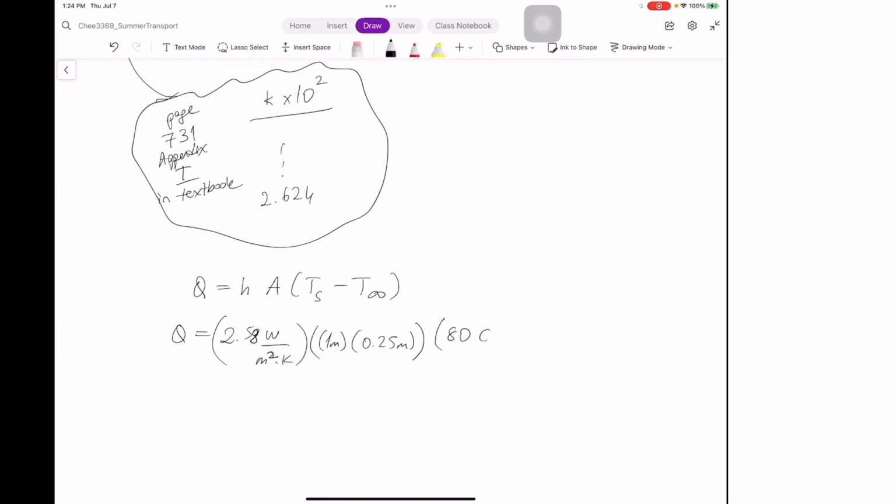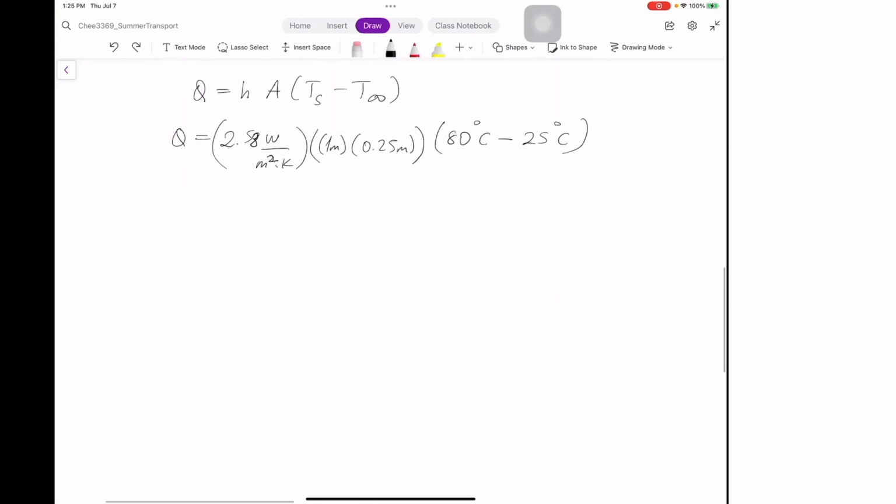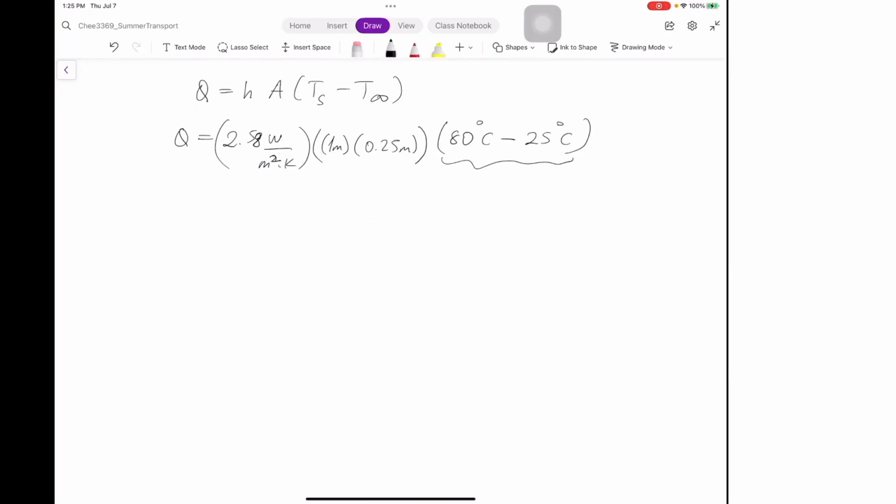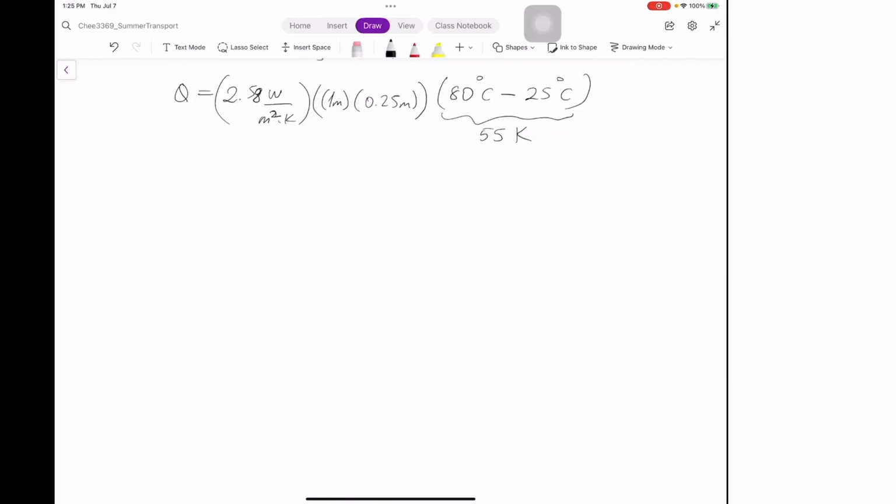TS is 80 degrees centigrade minus 25 degrees centigrade. Again, the differences in the centigrades is the same as differences in the kelvins. So the unit of this entire thing is going to be Kelvin. So that's 55 Kelvin.